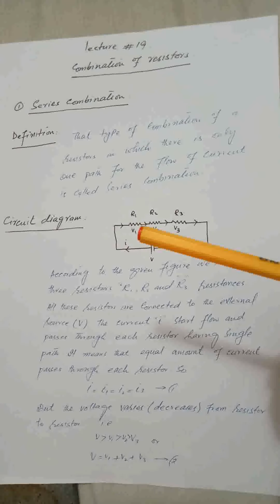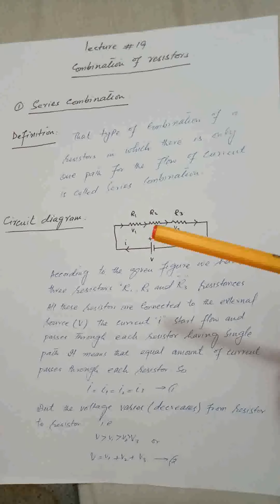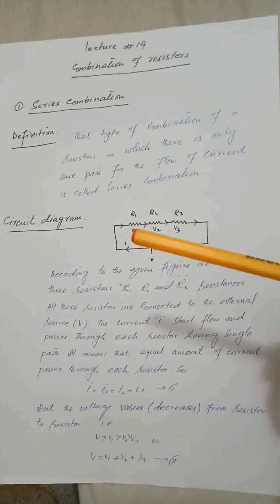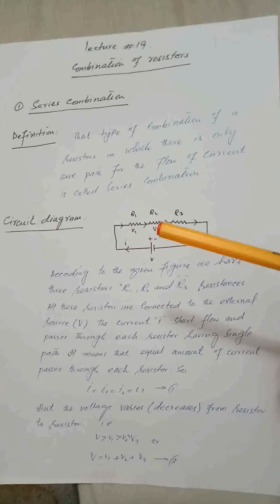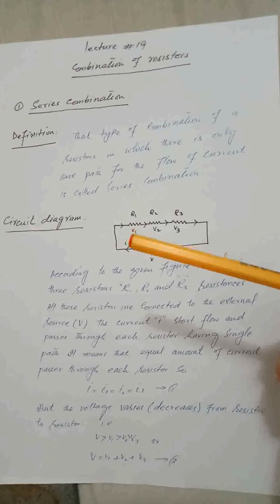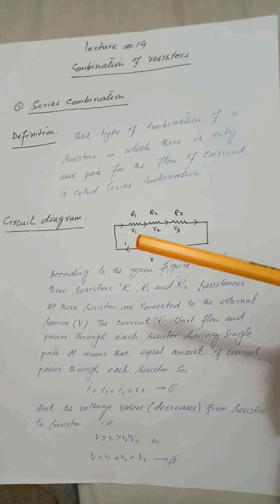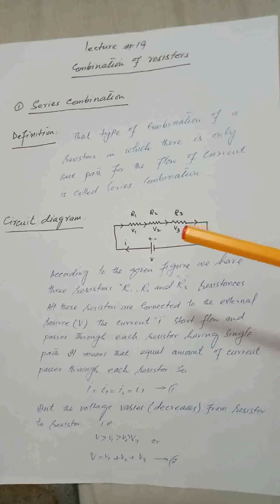When they pass and enter resistor R2, their speed will reduce because of the collisions with the atoms in resistance R1. If they pass from R2 to R3, then the speed will be further reduced. So in this way, voltage V1 will be greater than V2, V2 will be greater than V3.